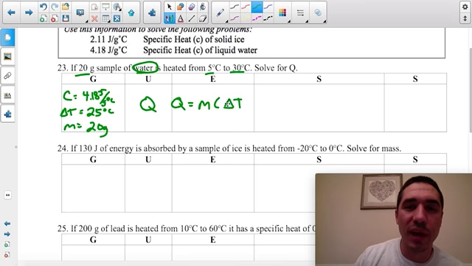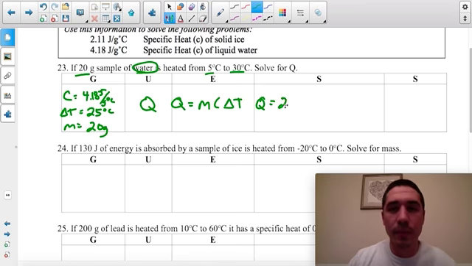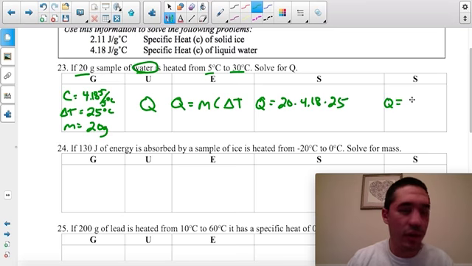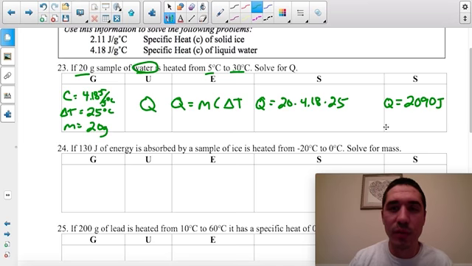I call it MCAT because the delta T kind of looks like an A. So to substitute my numbers in, Q is equal to 20 times 4.18 times 25, which would give me an energy amount of 2,090 joules. We got there a little bit of a different way than we had last time.